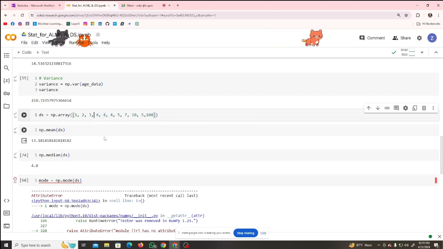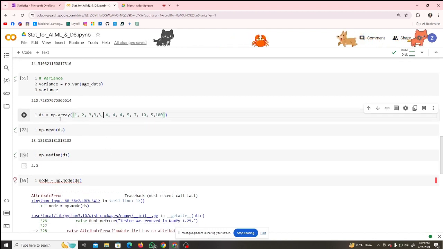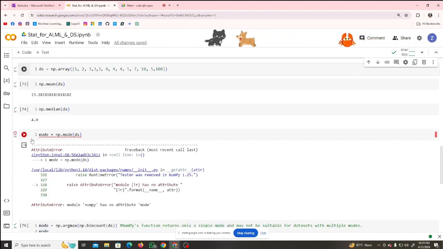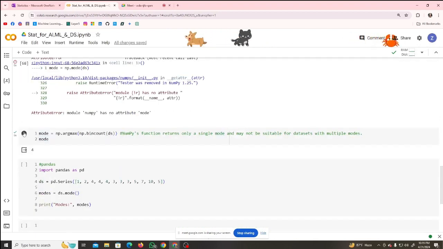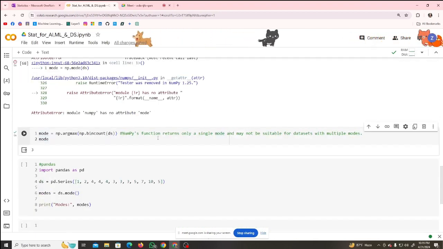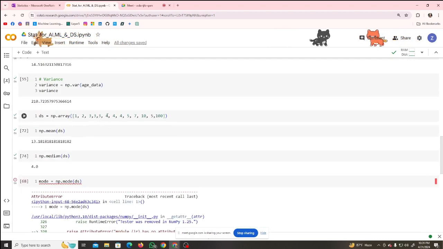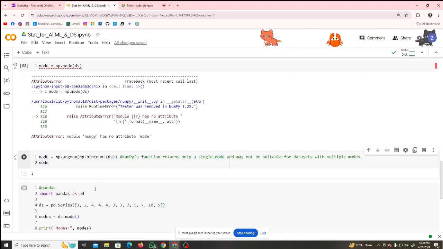Suppose this data set also contains three 3s. Now, if you want to find the mode, you see it is 3, but the frequency of 3 is similar to the frequency of 4, right? Both are here 3 times, but we are only getting 3.